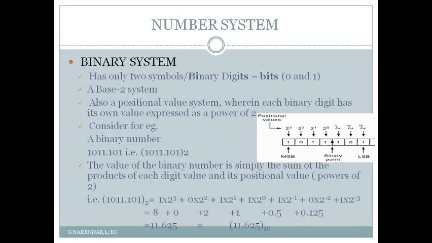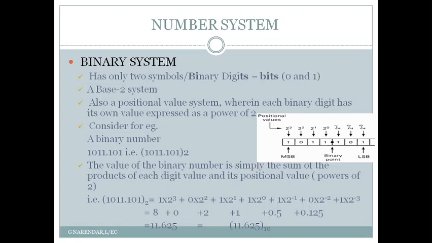The first thing is how many distinct digits it has. Only two, that is 0 and 1. And in short, these binary digits are called bits. And since the system has only two distinct digits, it is called a base 2 system. So by this, the position values of this binary system will be powers of 2.